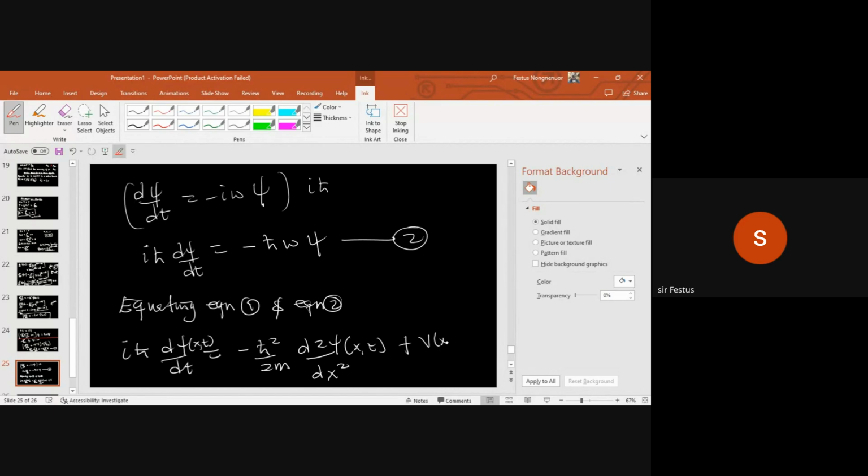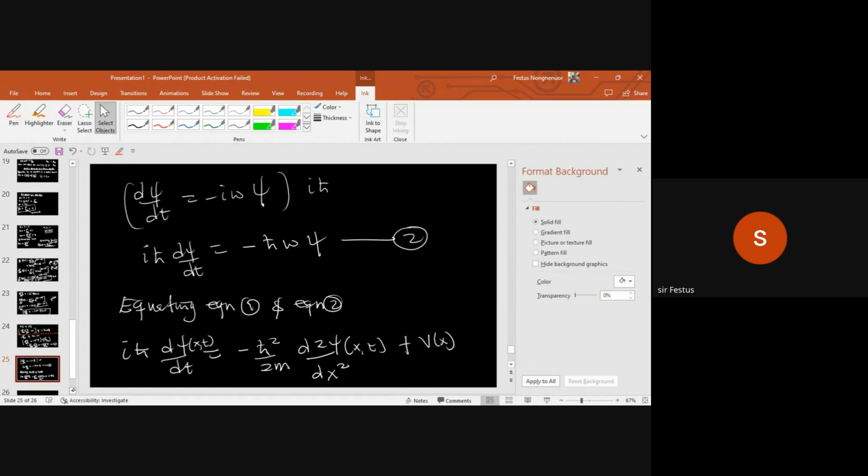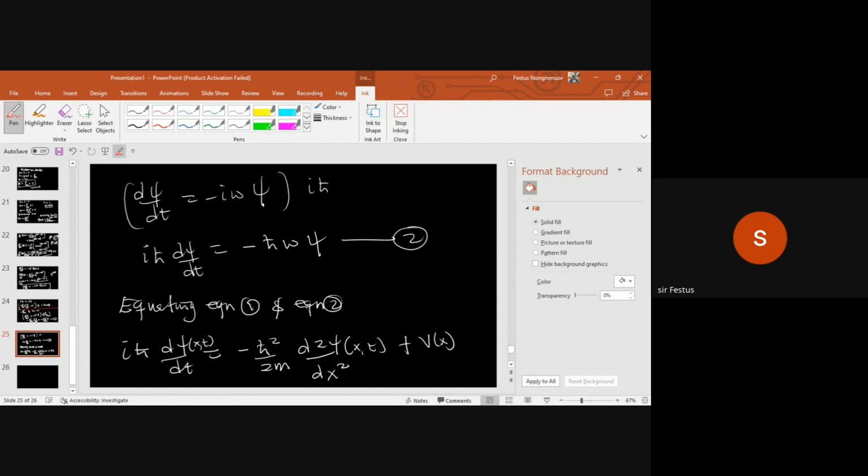So that's our potential. This is what we call the Schrödinger equation, and this is time dependent. The time dependent is that when you look at the left hand side, it is differentiated with respect to t. So that's why we call it the time dependent Schrödinger equation. That is how you prove, or come out with, the time dependent Schrödinger equation. So equation 3 is the time dependent Schrödinger equation.